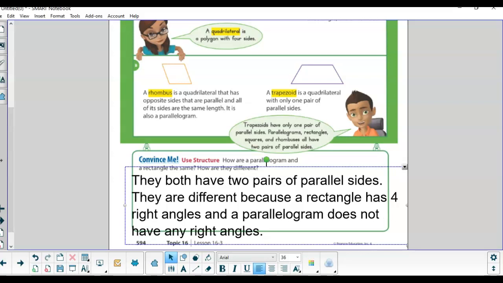All right, that's right. So they're both alike because they have two pairs of parallel sides, but they're different because a rectangle has four right angles and a parallelogram does not have any right angles. All right, pause the video so that you can get this written down on your paper.